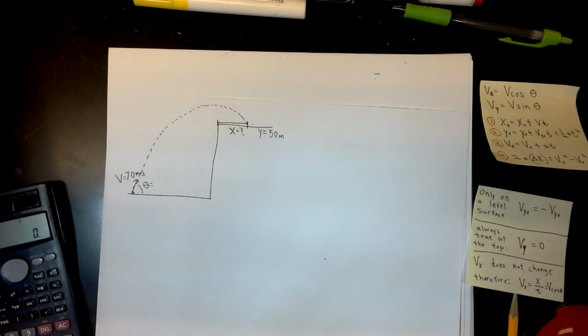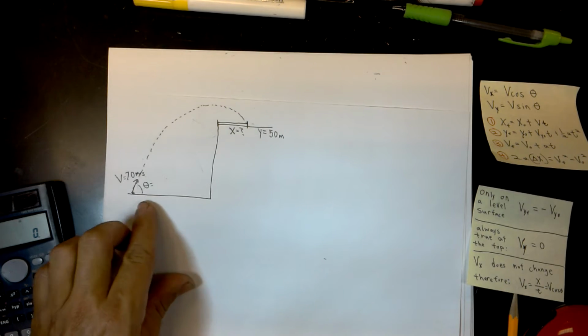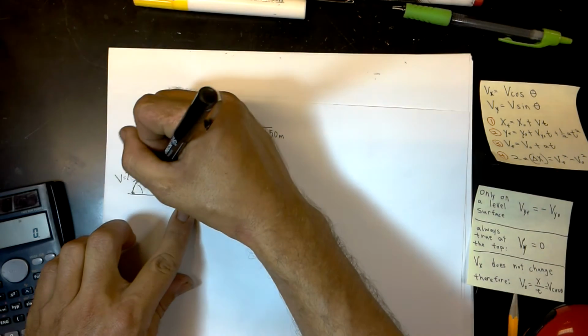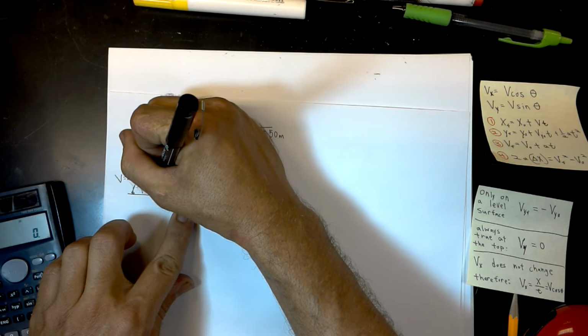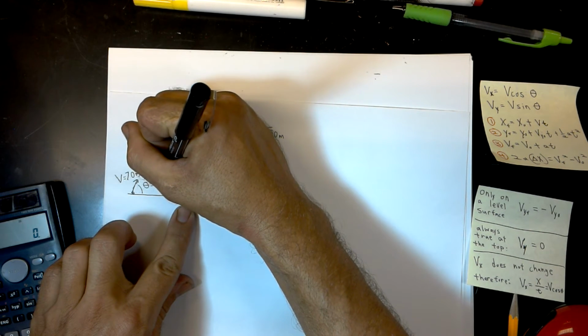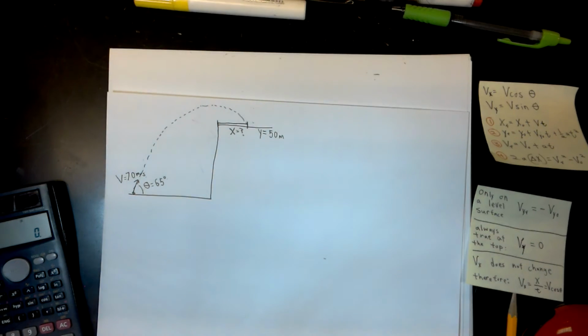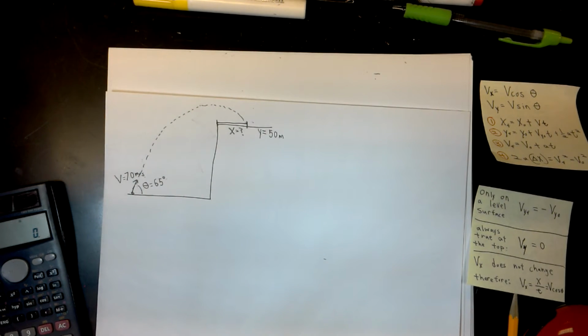And let's say the angle, to make sure this works, we need enough trajectory to go this distance. So let's say we've got a 65-degree angle. And let's say we're not too far away from the edge of this building or cliff, whatever it is.